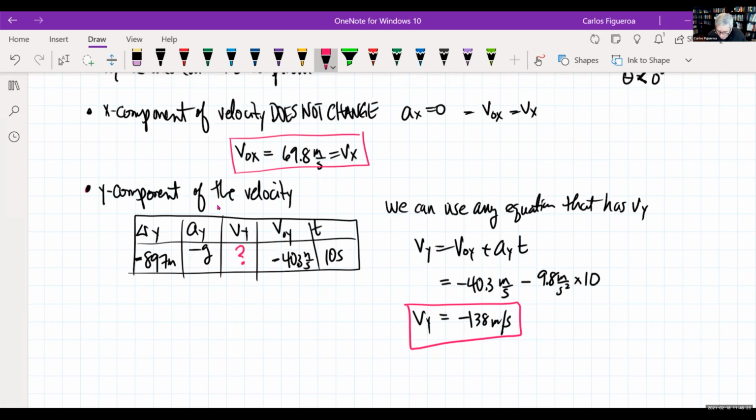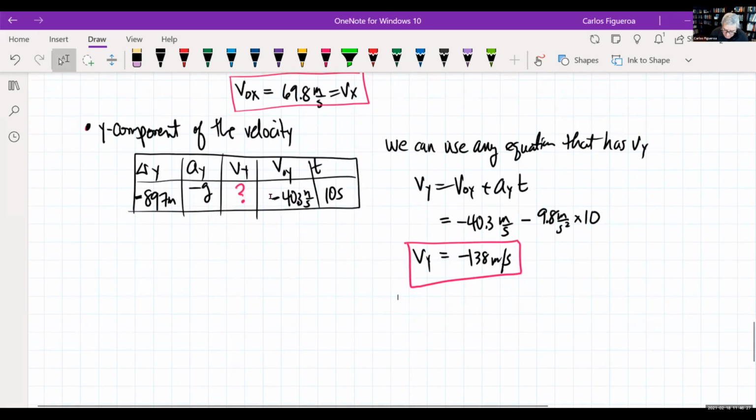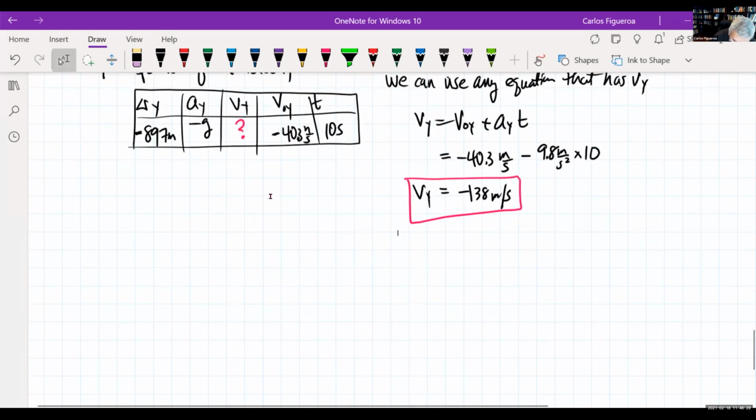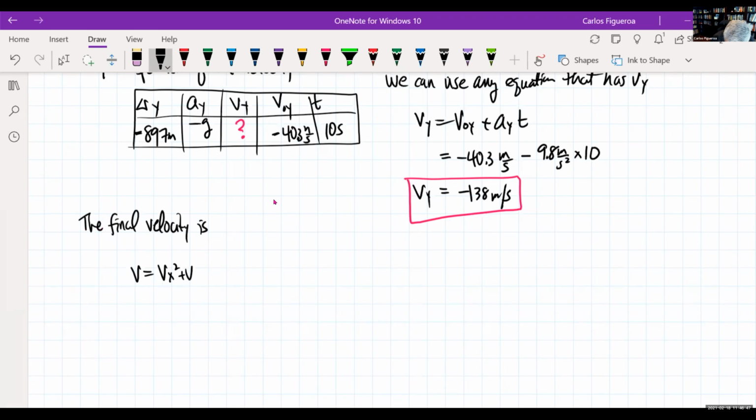So now I've got all of my components. Let's calculate the final velocity. The magnitude should be the square root of the sum of the squares of the x's and y's.